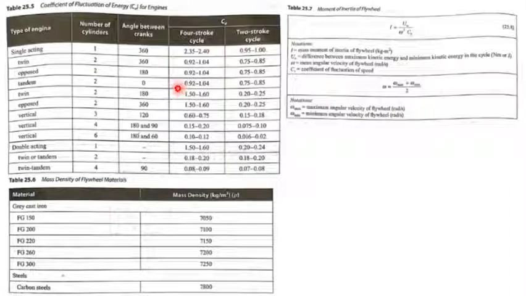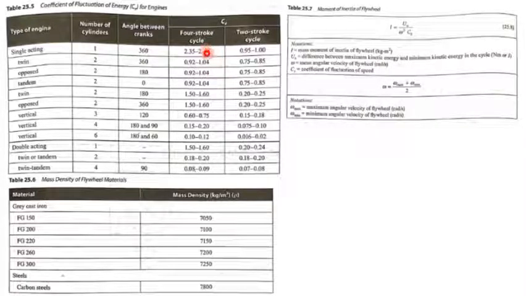Table number 25.5 provides us the values of coefficient of fluctuation of energy for various types of engines. In the first column, the various types of engines are provided, the number of cylinders in the engine, and its working cycle, whether it is 4-stroke cycle or 2-stroke cycle, and accordingly the coefficient of fluctuation of energy is given to us.